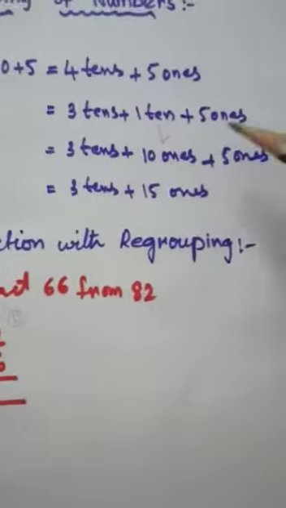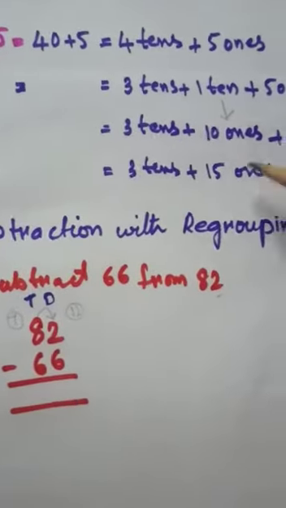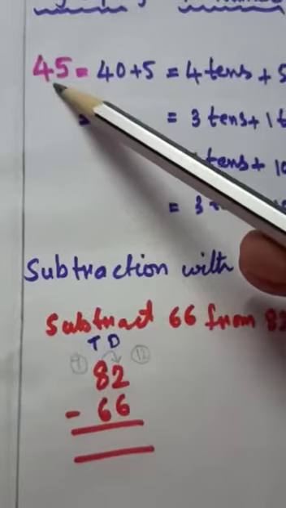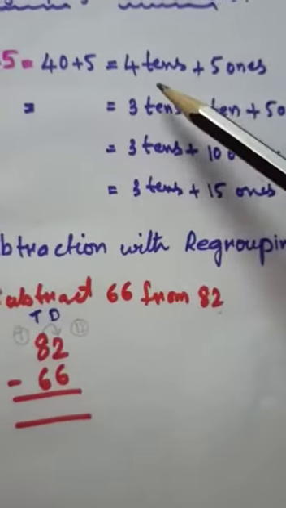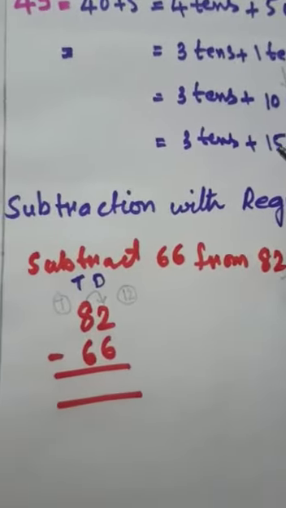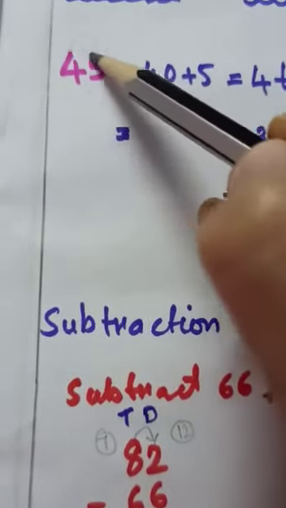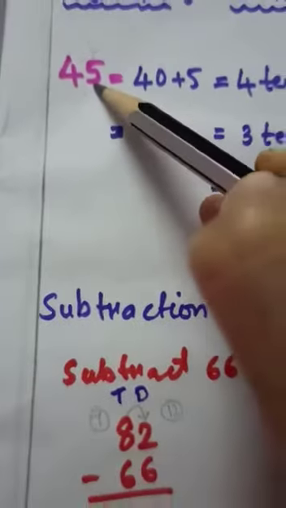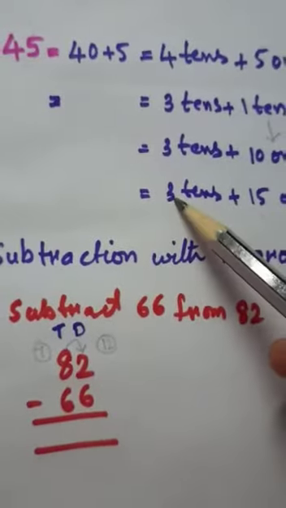How? We have learned this in regrouping. We were having 45, but after changing from tens to ones, we got 3 tenths and 15 ones. We took 1 ten from here and this is becoming 15 ones and this 4 is becoming 3 tenths.